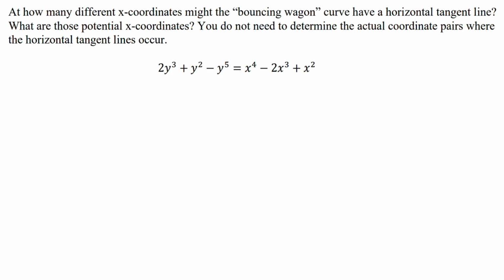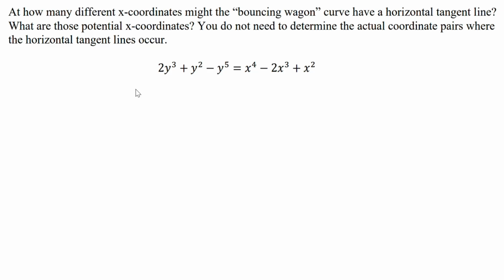So for this one, we're looking for the potential x coordinates at which this curve might have a horizontal tangent line. So effectively, we're looking for when the derivative equals 0, and we're only looking for the x values at which that occurs. So we'll take our derivative implicitly because obviously this is not a function.